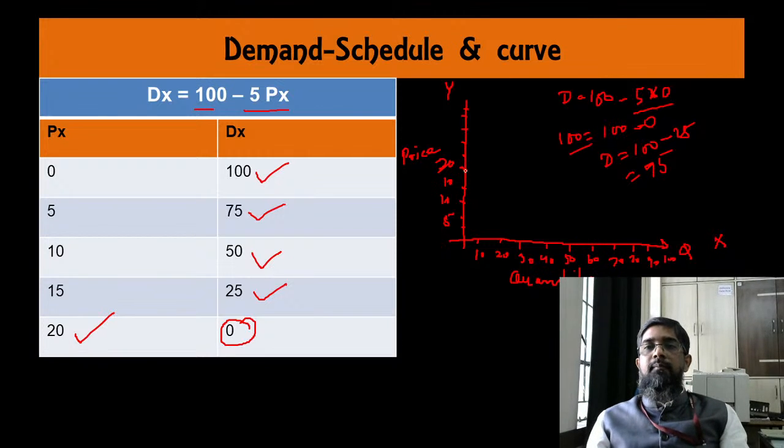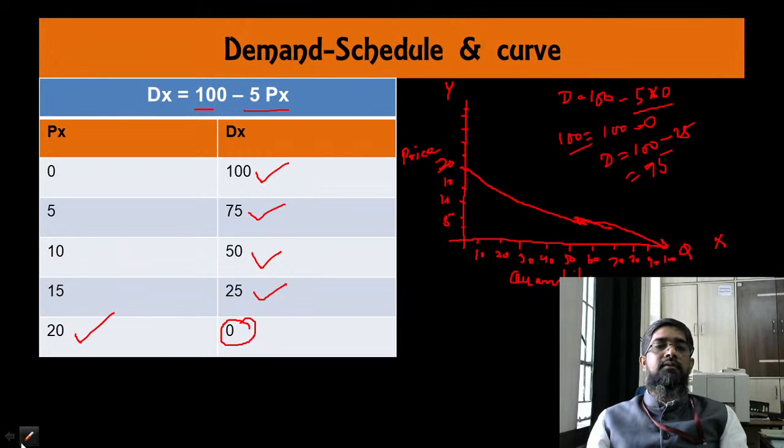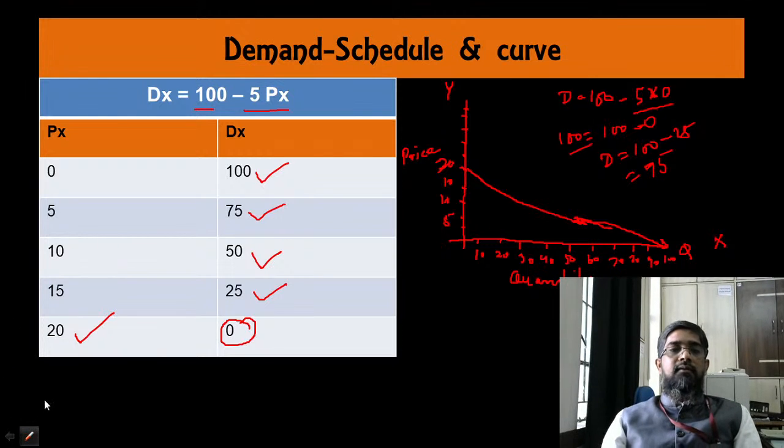This is 20, here at 20, and on this side, at the end, it will connect to 100. Okay, it will connect to 100. The diagram is not straight, you need to make it straight.